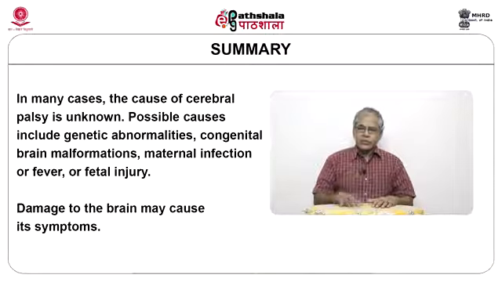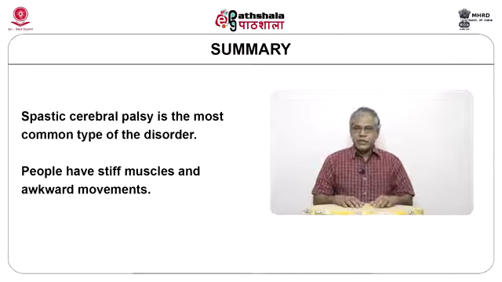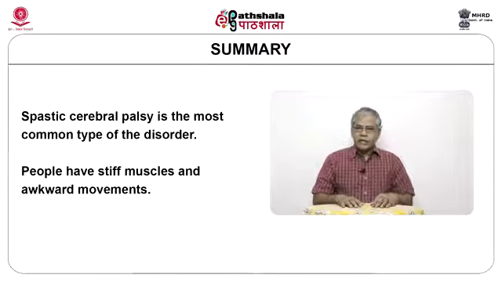Possible causes include genetic abnormalities, congenital brain malformation, maternal infection or fever, or fetal injury. Damage to the brain may cause its symptoms. Spastic cerebral palsy is the most common type of the disorder. People have stiff muscles and awkward movements.